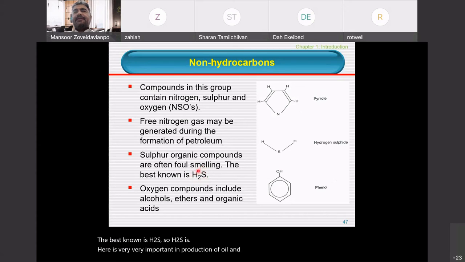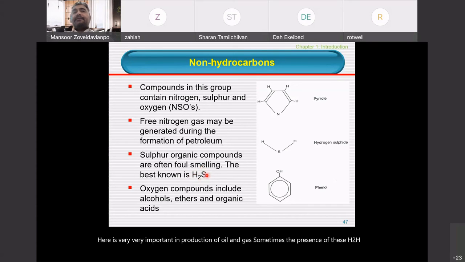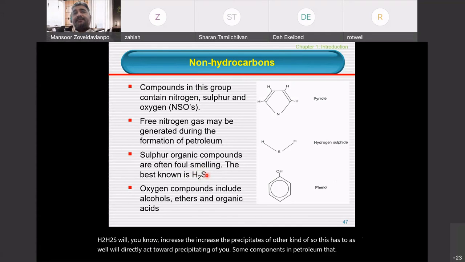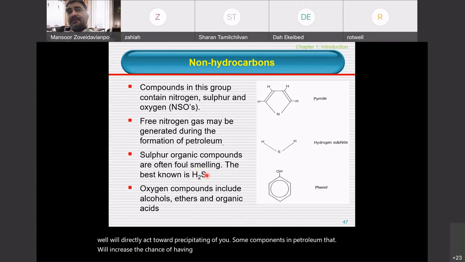Sometimes the presence of this H2S will directly act toward precipitating some components in petroleum, which increases the chance of having asphaltene and wax in our system.